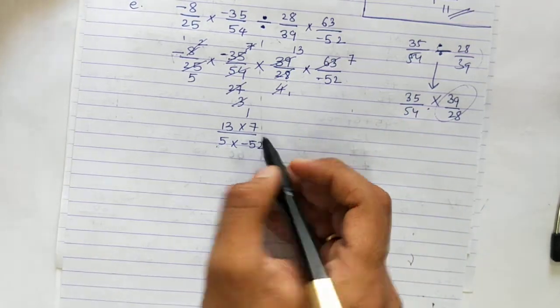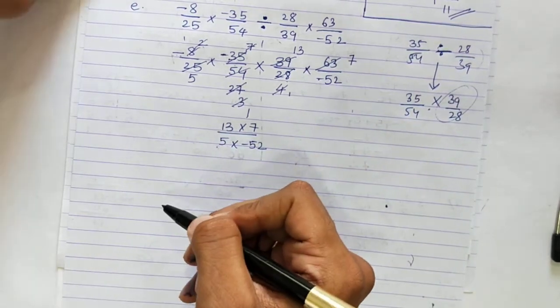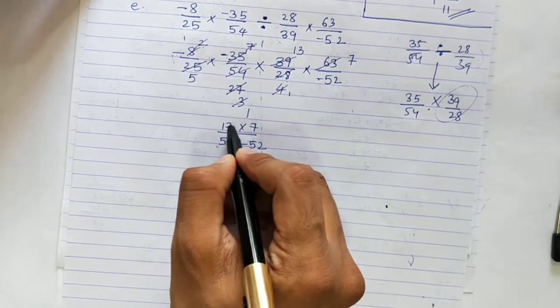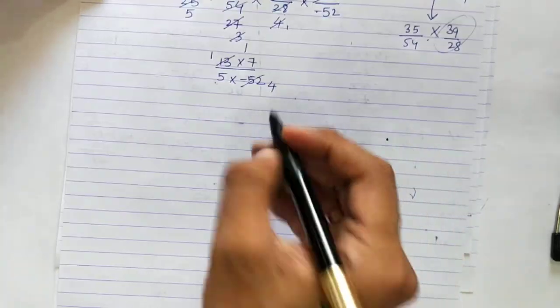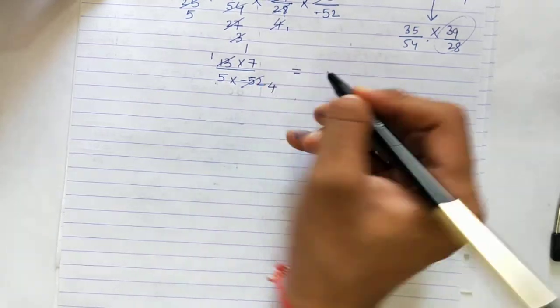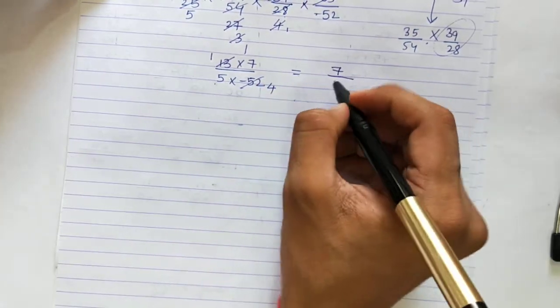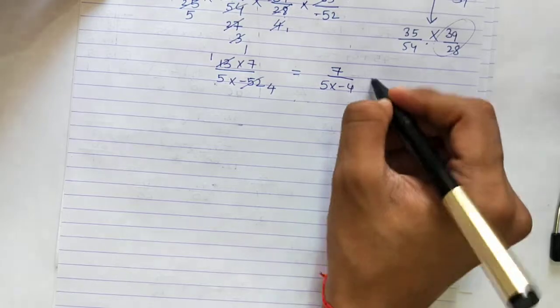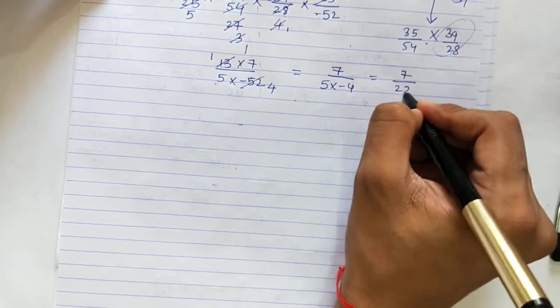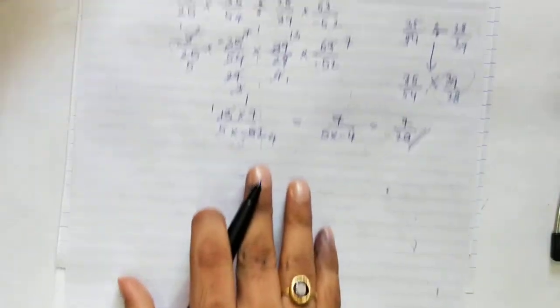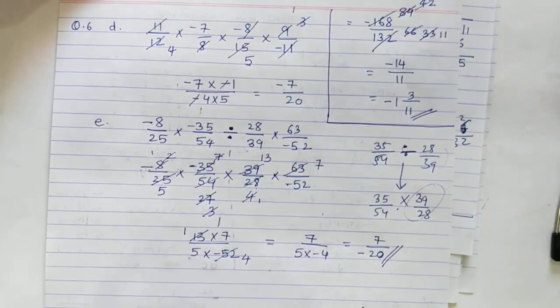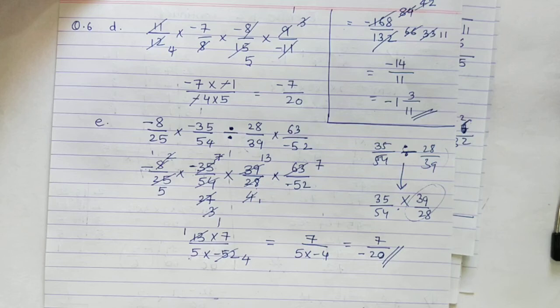Now this 13 and 52 are also divisible. So 13 ones are 13, 13 fours are 52. So what is remaining? 7 upon 5 into minus 4, that is 7 upon minus 20. This is my answer. Okay, 7 upon minus 20.